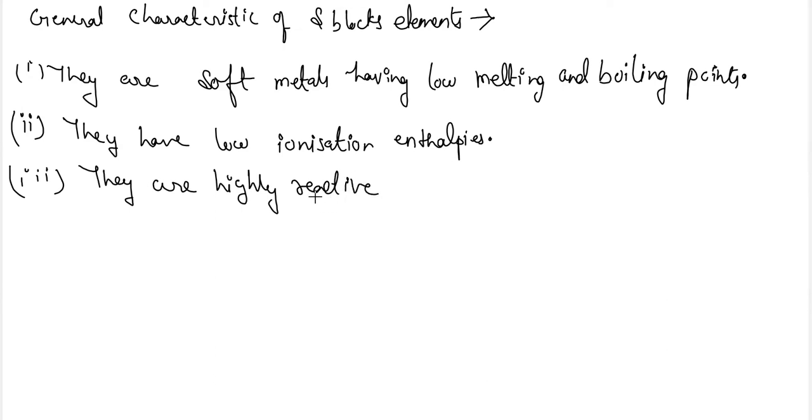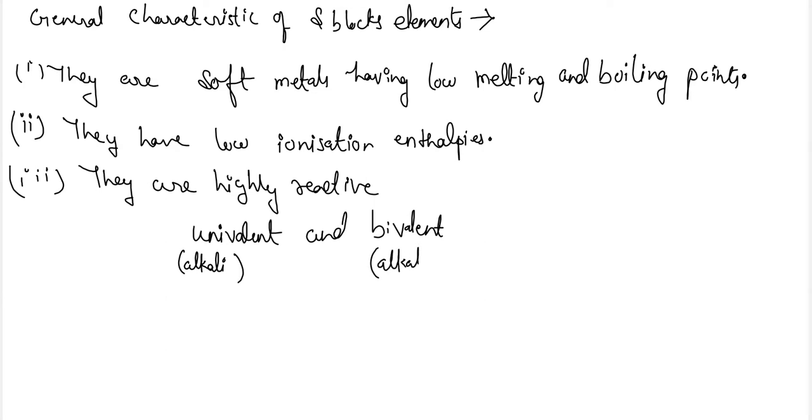They can form univalent compounds and bivalent compounds. The metals which form univalent compounds are termed alkali metals, while the metals which form bivalent compounds are termed alkaline earth metals.